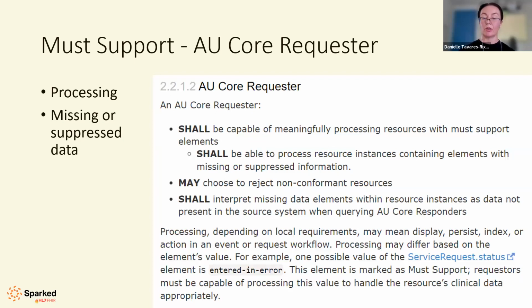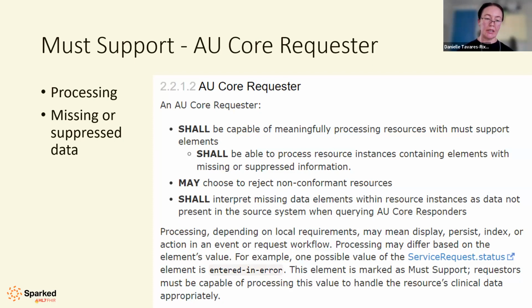One is data only, profile only, where you're not required to do these RESTful interactions. And the other is data plus your RESTful interactions. And these therefore are only the requirements around you occupying either a requester or a responder role.